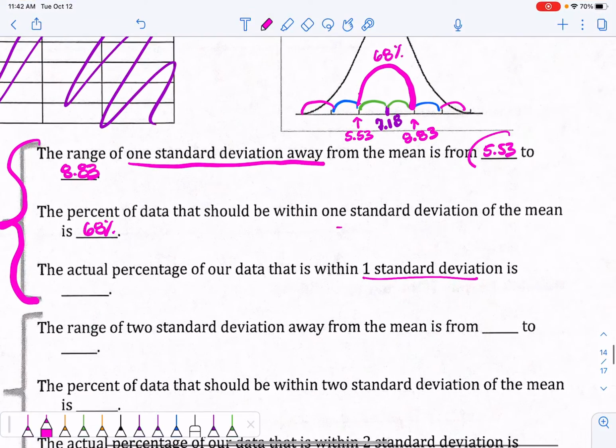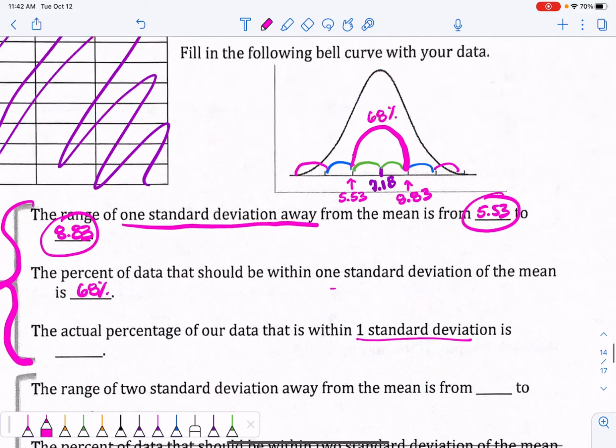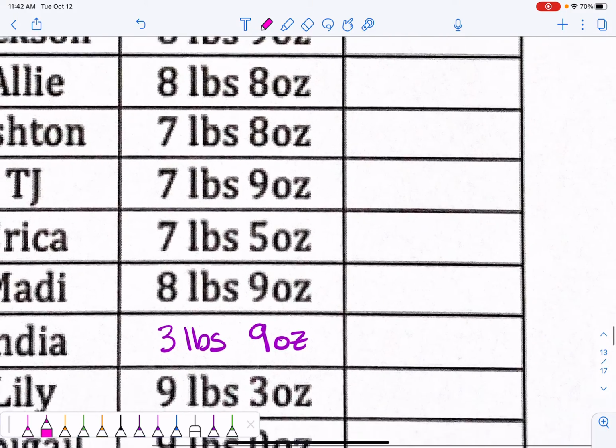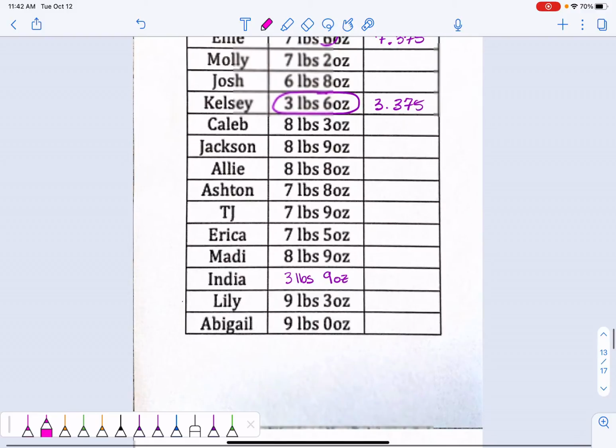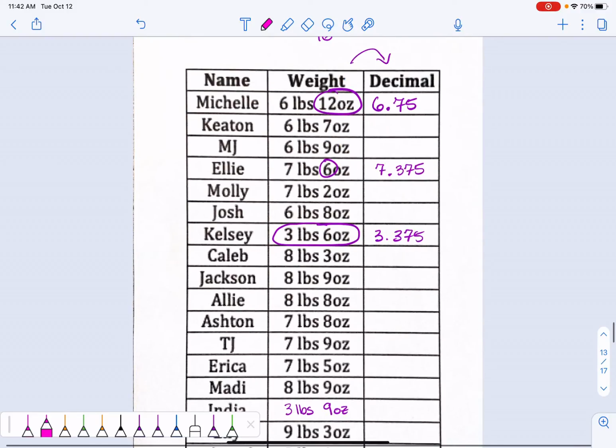Going from 5.53 to 8.83, how many of our values up here were actually between 5.53 and 8.83? Any of the 6 pounders or 7 pounders will be between them. 3 pounds 6 ounces is not going to be.